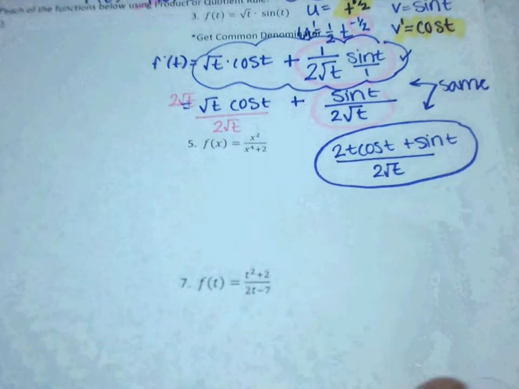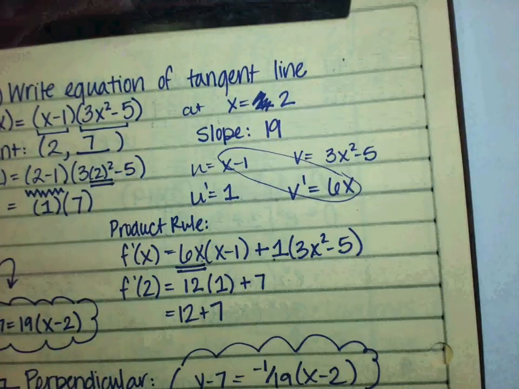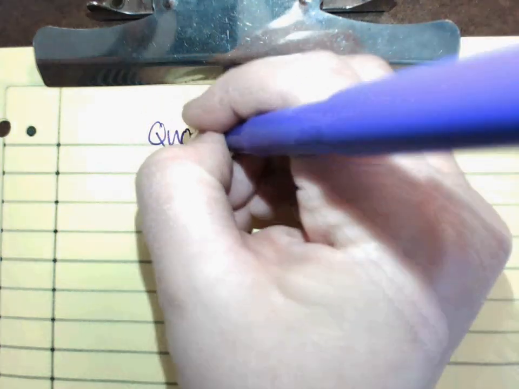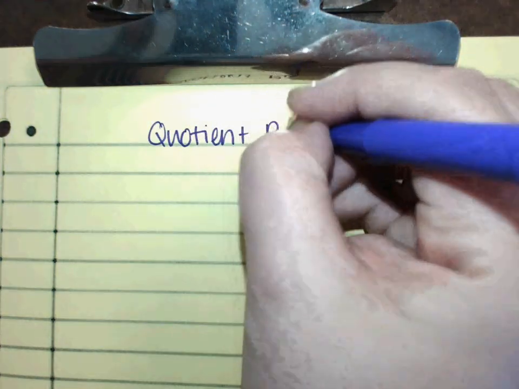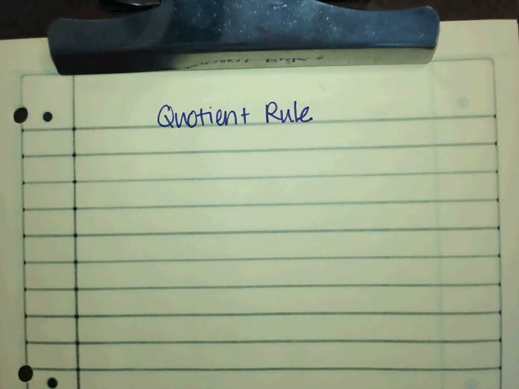Notes again? We are going to learn the quotient rule. Quotient rule. What is a quotient? Division. Okay, so I'm going to give you the formal definition of quotient rule. Then I'm going to give you the shortened version that we're going to do.